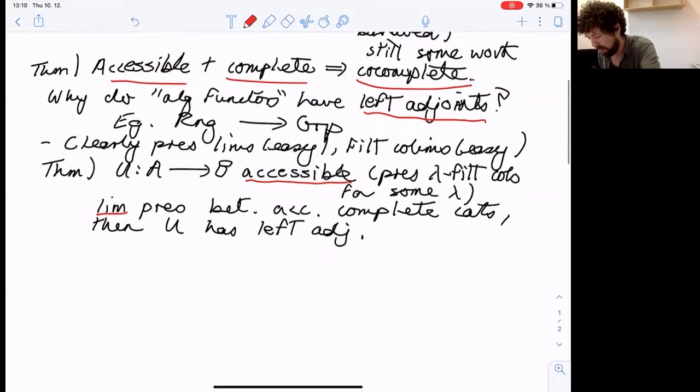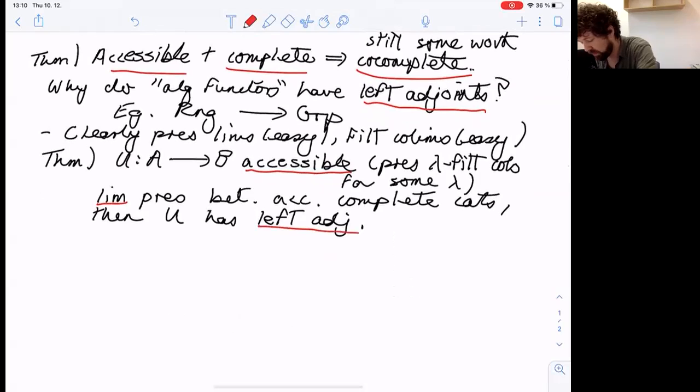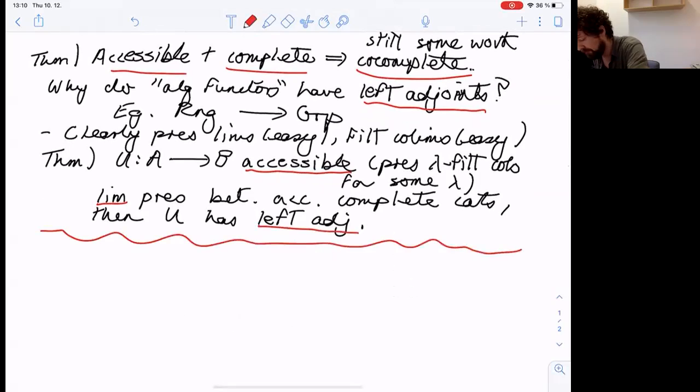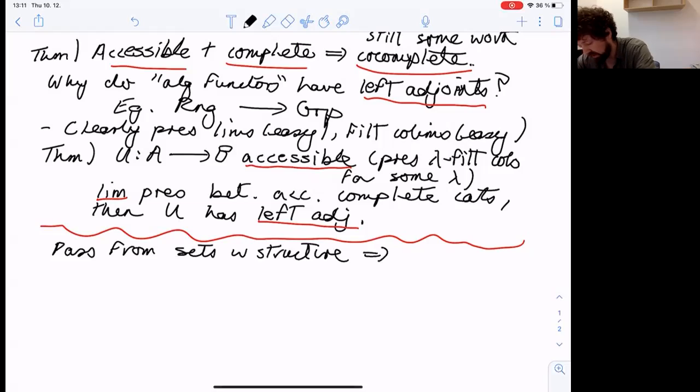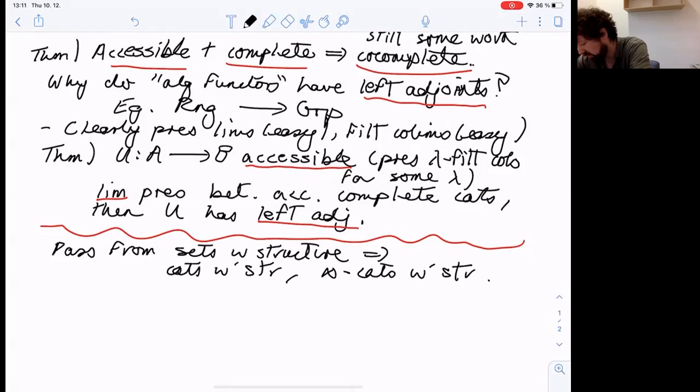Now, what if we pass from sets with structure to categories with structure, or perhaps infinity categories with structure?